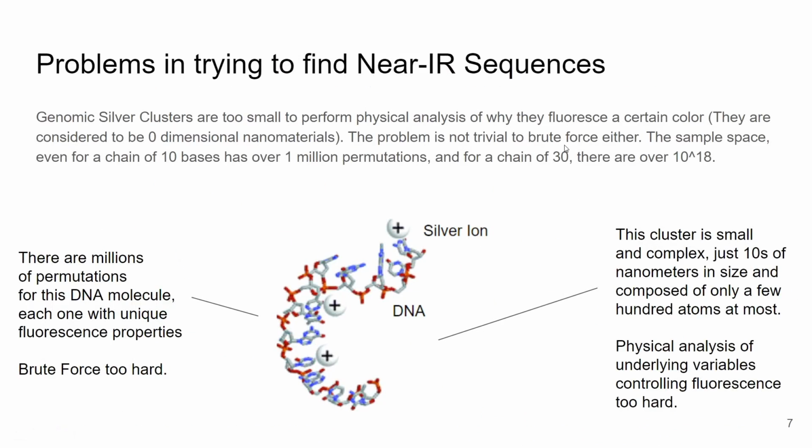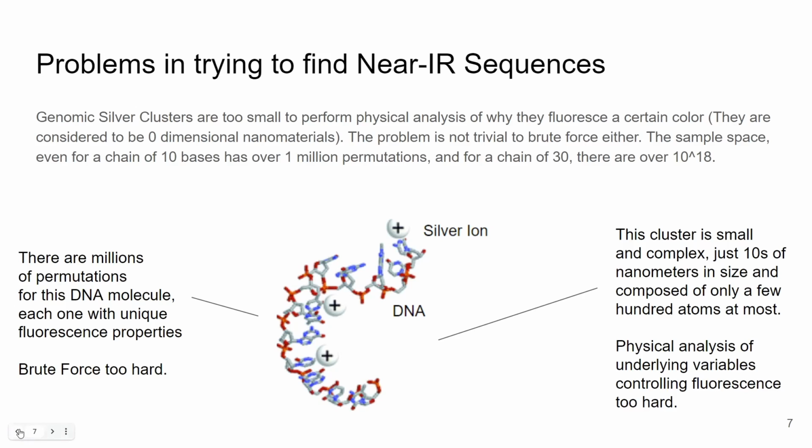It's to the point where if you have a chain of 30, then you have over 10 to the 18 possible DNA base combinations for your chain. And because we're not just simulating these, we actually have to construct them in real life and test these out on real well plates, and that's very expensive to do. It's not feasible to brute force all of these different combinations to see which ones work.